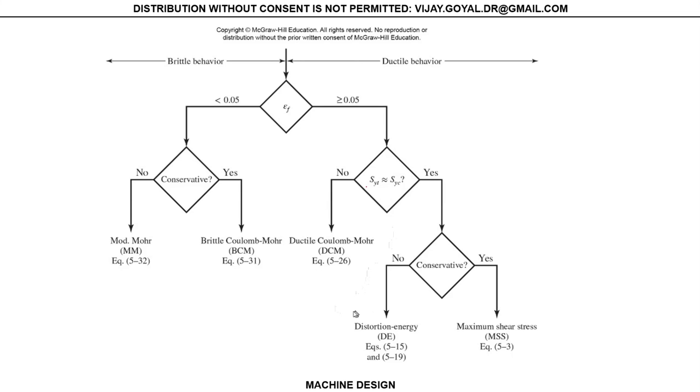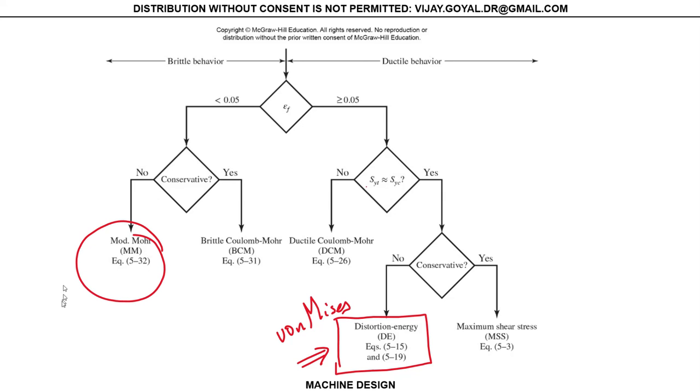However, I should mention that this theory is very popular. This is the one that we use. Experimental test data has shown that this works, and people in the industry use this all the time. This is the famous, what people call von Mises. This is the same as the distortion energy stress. On this side over here, people use this one all the time.